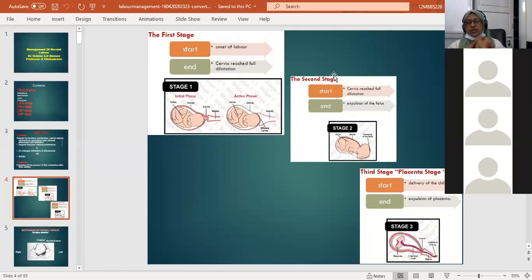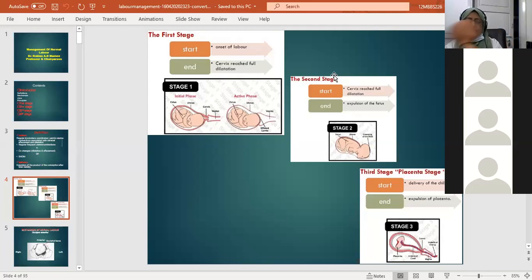If the breech, the buttocks, comes into the lower uterine segment, we call it breech presentation. In an oblique or transverse lie, it is a shoulder presentation. So the portion which comes into the lower uterine segment at the time of labor and has a relationship with the pelvis is called the presentation.